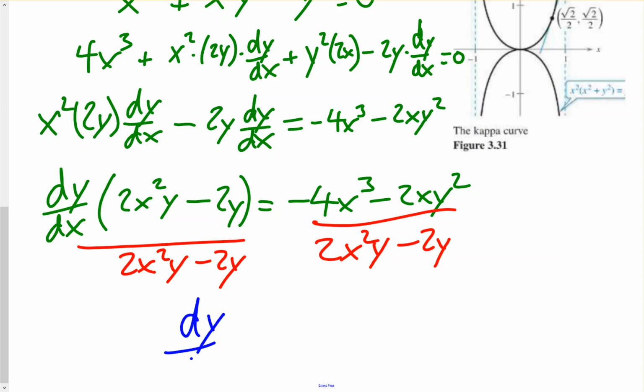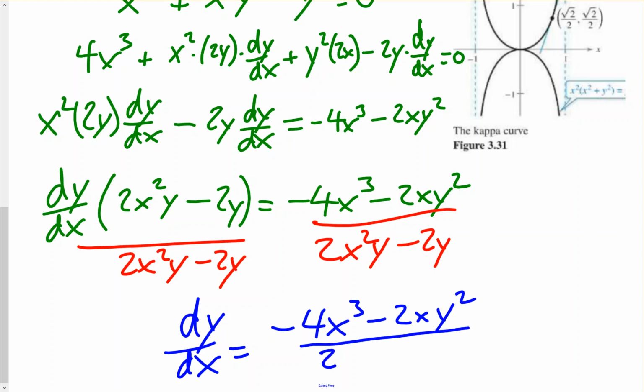So we have dy/dx equals negative 4x cubed minus 2xy squared over 2x squared y minus 2y.